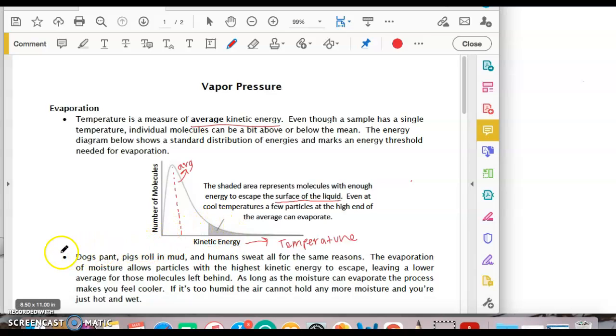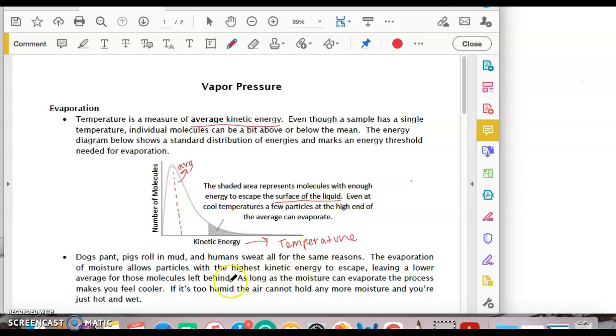This will then cause our temperature to go down. So this happens when we sweat. As we sweat, we have molecules that build up enough energy and escape, and that causes our temperature to decrease because we have fewer molecules with high energy or temperature.